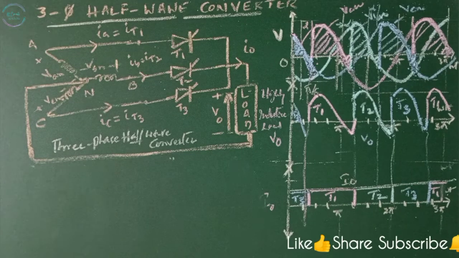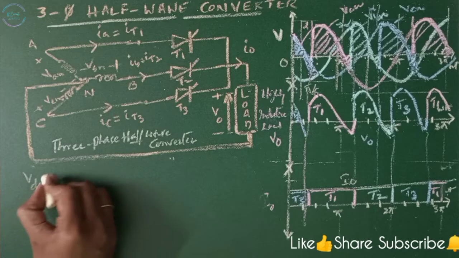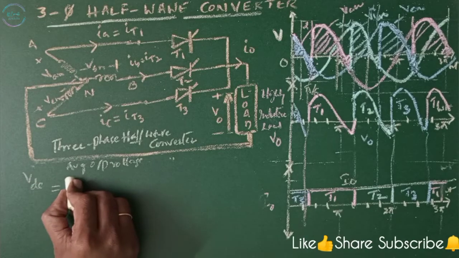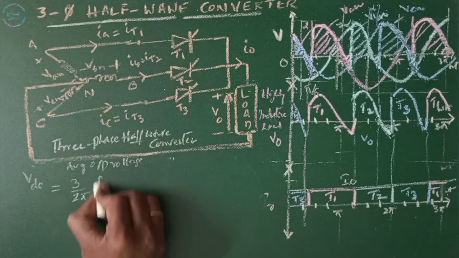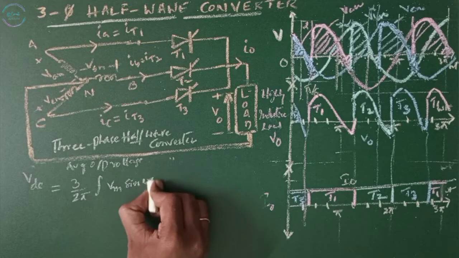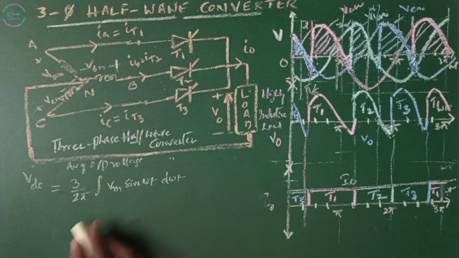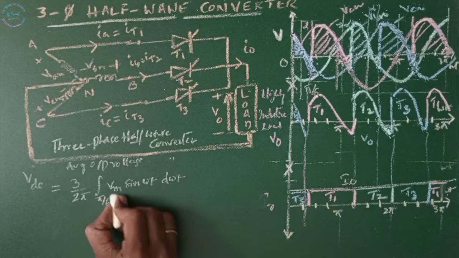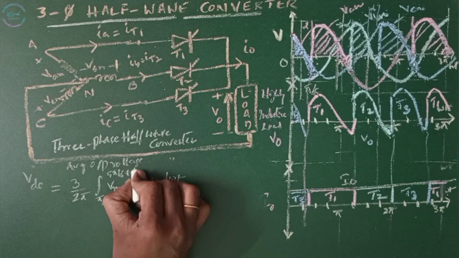Now let us find the average output voltage. VDC equals 3 times the integral, since the voltage is repeated within the period of 2 pi, of Vm sin omega t d omega t, with limits from pi by 6 plus alpha to 5 pi by 6 plus alpha.